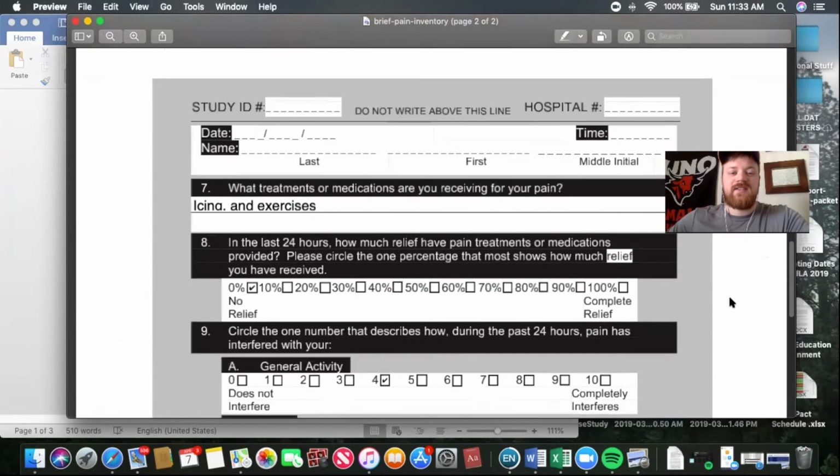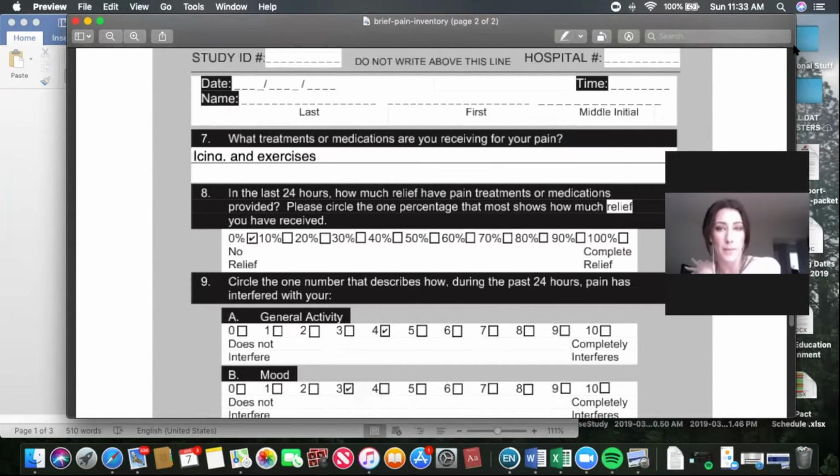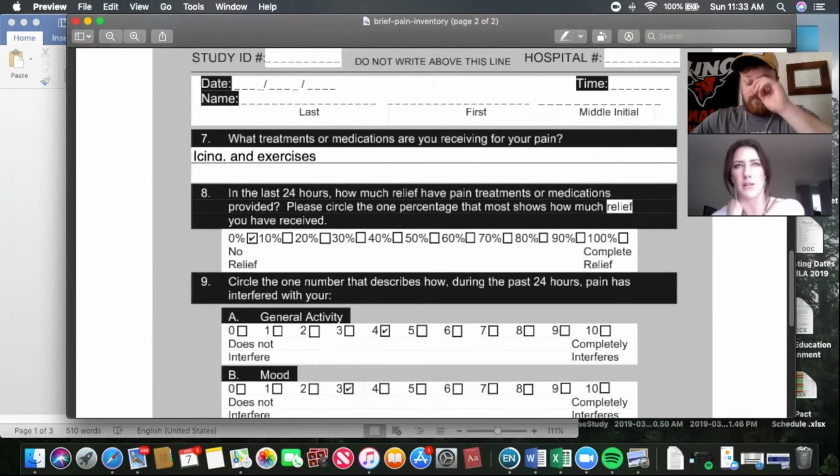Exactly. We're able to take that one statement and break it down. I do wish this pain inventory had something about the quality of pain, or what the pain feels like. Is it pins and needles, sharp shooting, dull achy? It didn't have anything like that, whereas some of the other ones did.